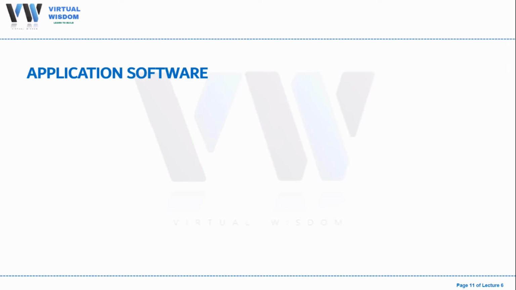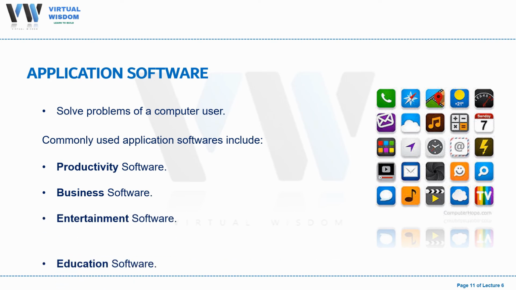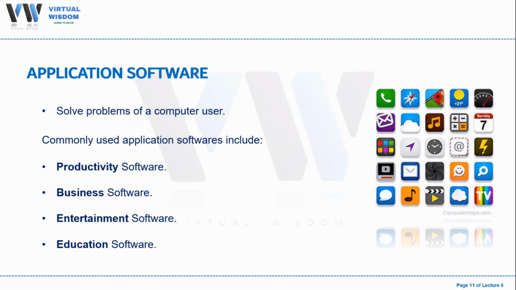Application software or applications are used to solve problems of the computer user, such as writing a letter, creating presentation, or making design, etc. Some of the commonly used application software are productivity software, business softwares, entertainment softwares, and education softwares.